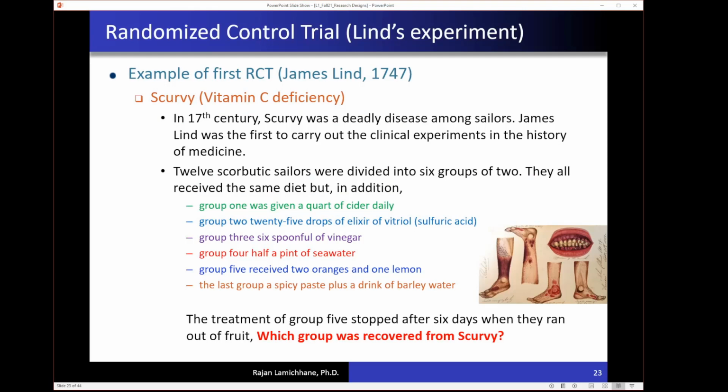Here is the first randomized control trial.